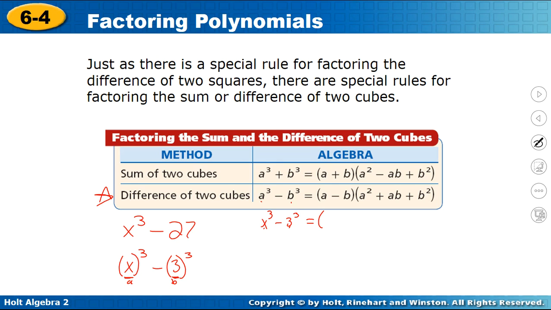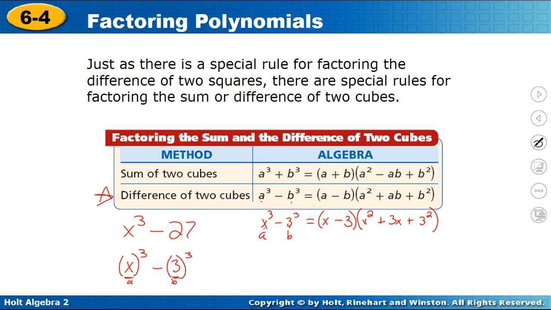So a minus b: a is my x, minus 3, which is my b. And then a squared, well, a is my x, so that'll be x squared, plus a and b, that's x and 3. I'm going to put 3x instead of x3, so it's a little bit backwards, but the same thing. Looks better. And then plus b to the second power, b squared. b is 3, so that'll be 3 to the second power.